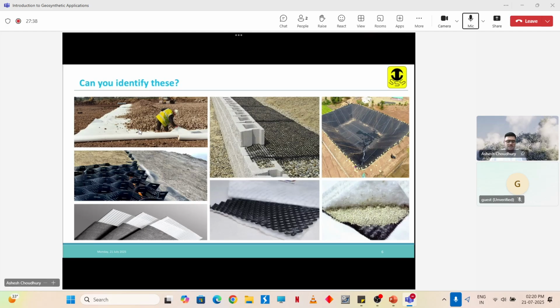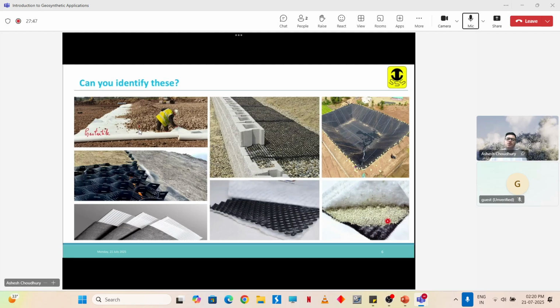These are textile like things, and these are called geotextiles. Whatever we are wearing is also a textile, right? So similar to that, this is also a textile like stuff, but it is used in geotechnical applications. So we are calling it a geotextile.